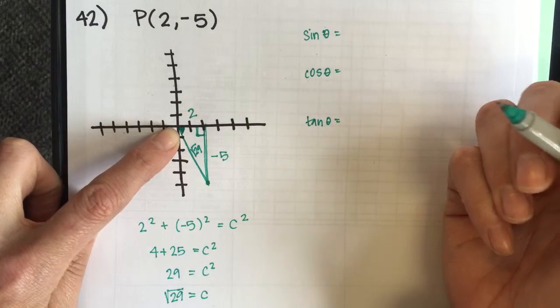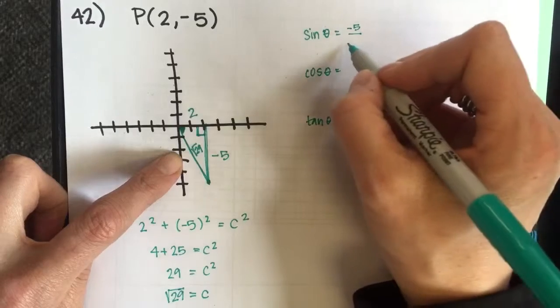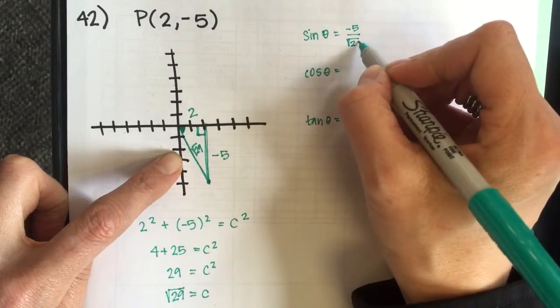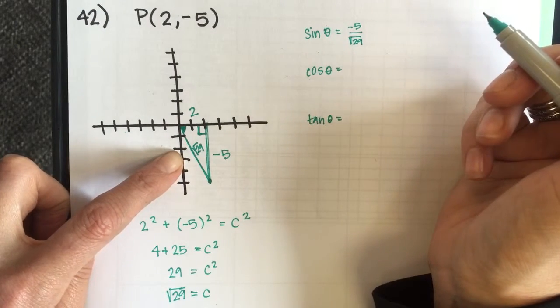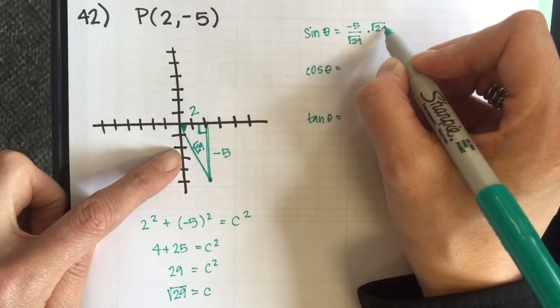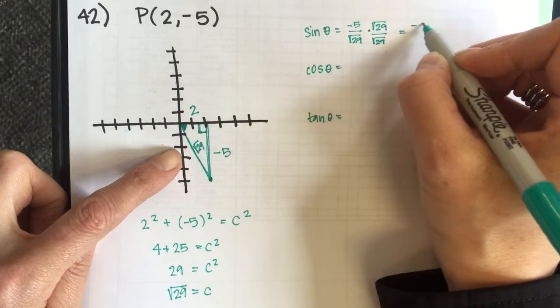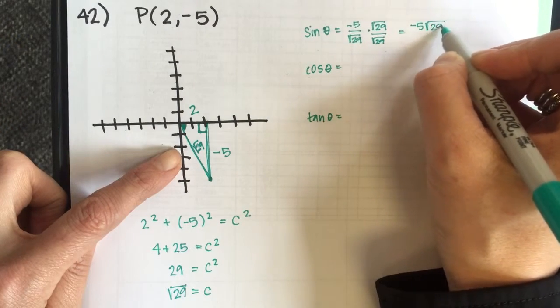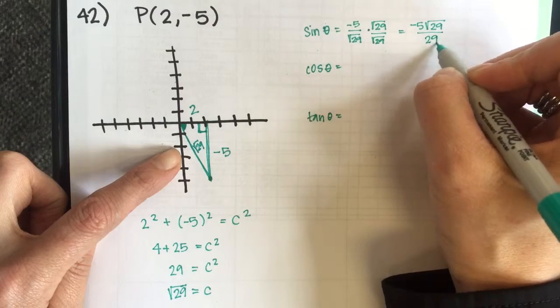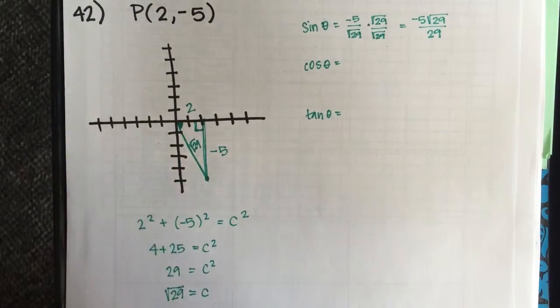Sine is opposite, -5 over hypotenuse, radical 29. And like number 10 yesterday, we have to rationalize. So we have to multiply the top and the bottom by square root of 29. So -5 root 29 over 29.